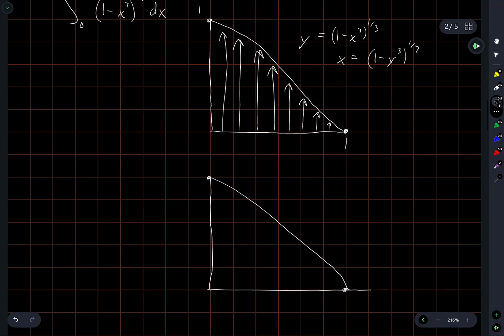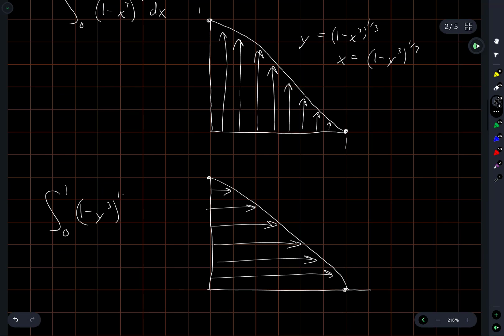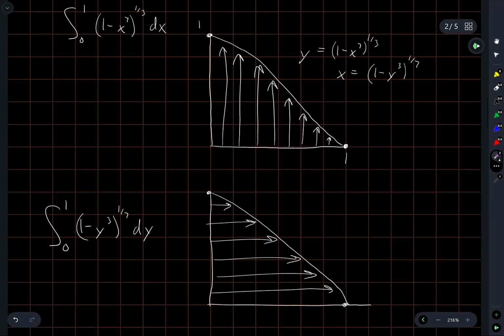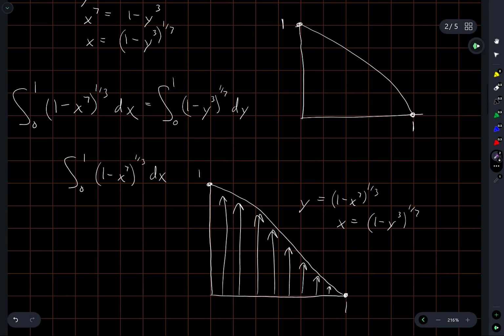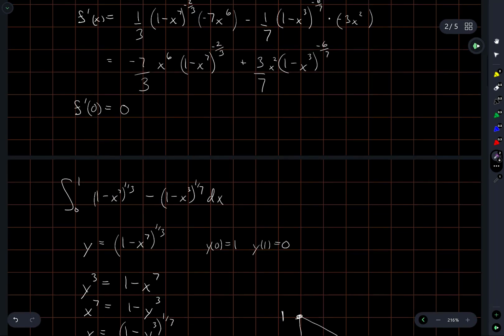So I could also integrate this way. And this amounts to writing this area in terms of the y variable, 1 minus y cubed to the power of 1 over 7 dy. But the variable of integration in an expression like this is just a dummy variable. And you'll notice that this is the second part of the thing we're actually trying to integrate.